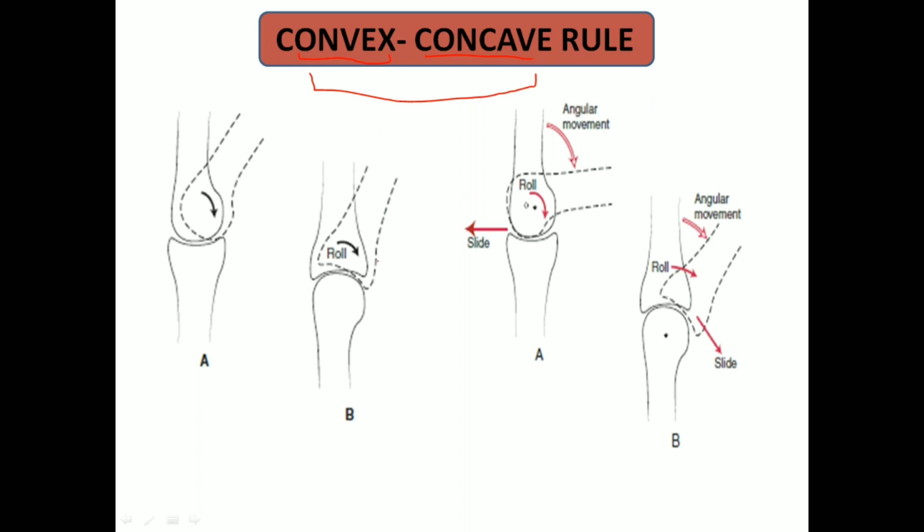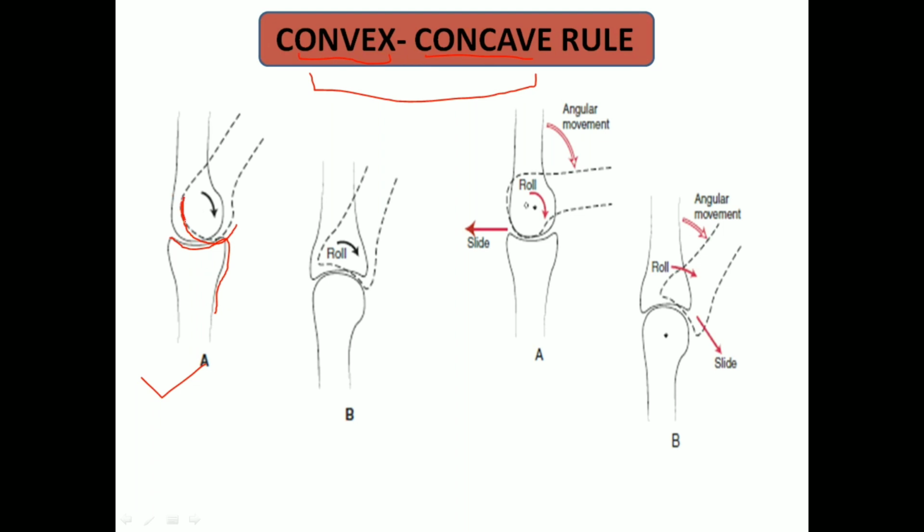Now let me show you. If you see the diagram here, in diagram A this surface looks concave. Concave means the curve is rounded in an inward direction. Convex means the rounded part is on the outward side.